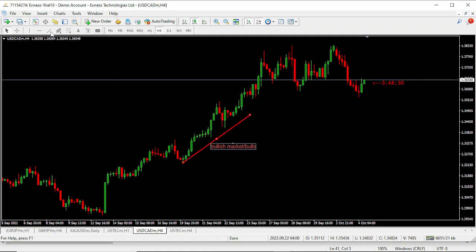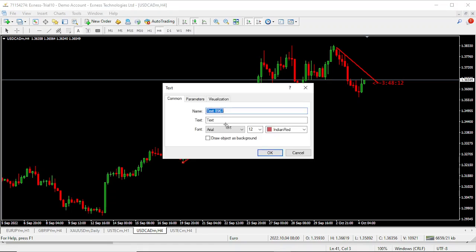Yeah. So if the market is in a downward movement like this one here, it is a bearish move. That means the bears are in control. So that is a bearish market, or the bears are in control.